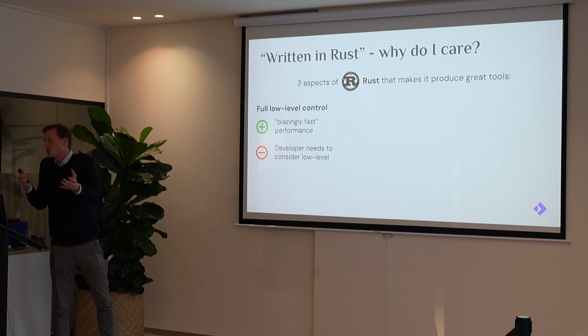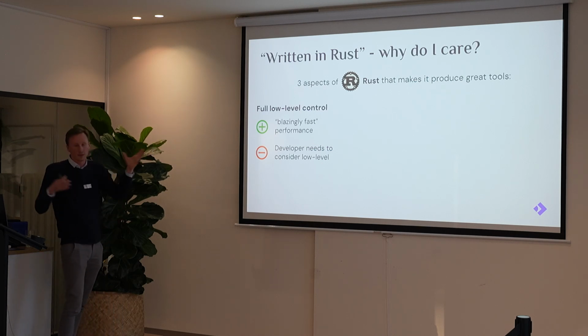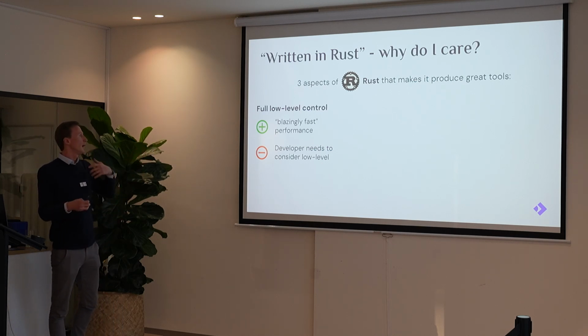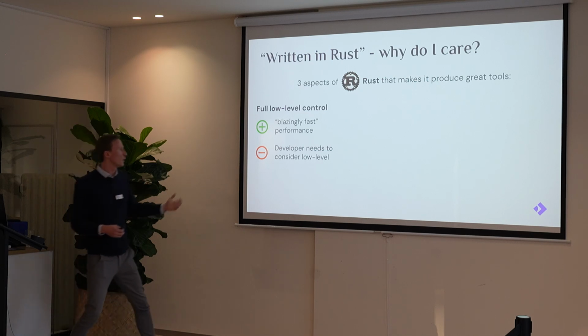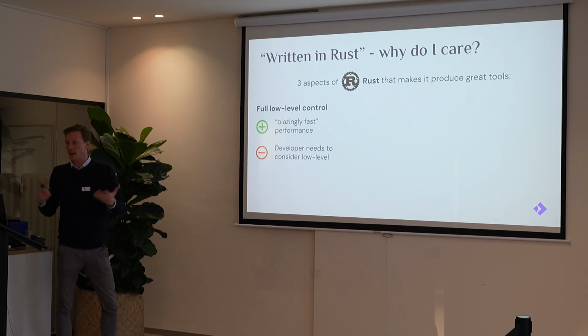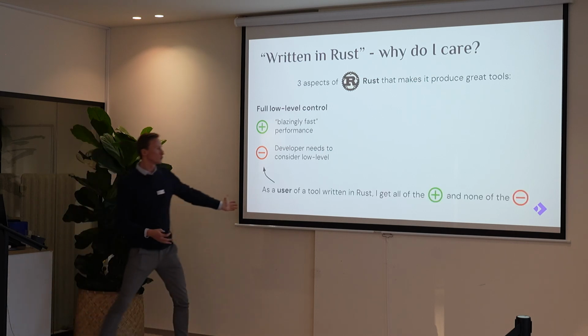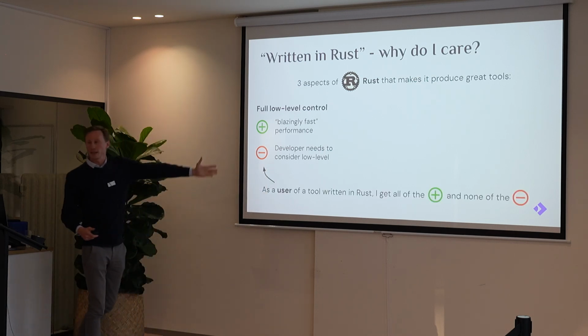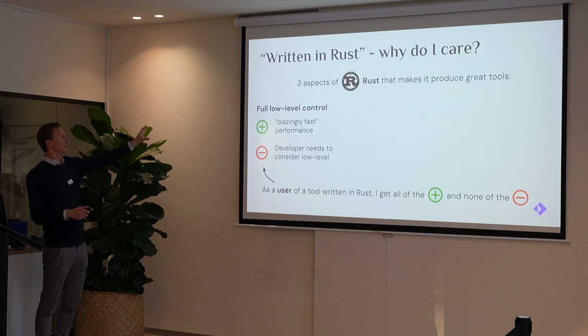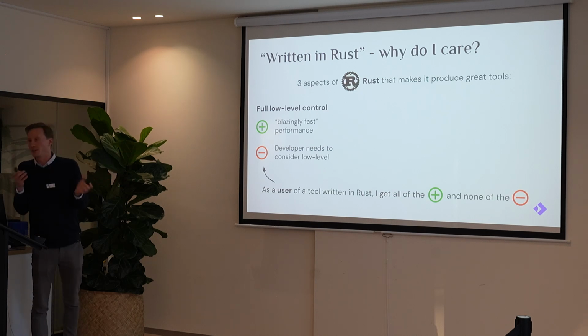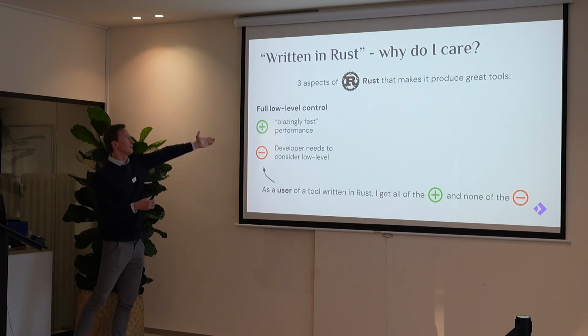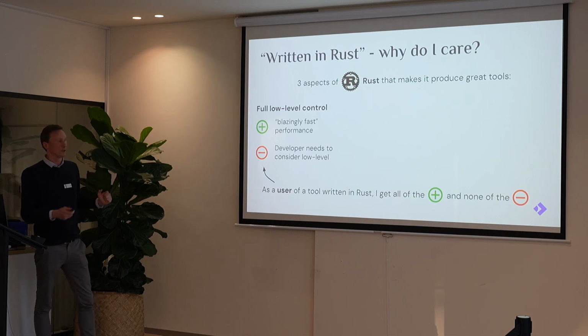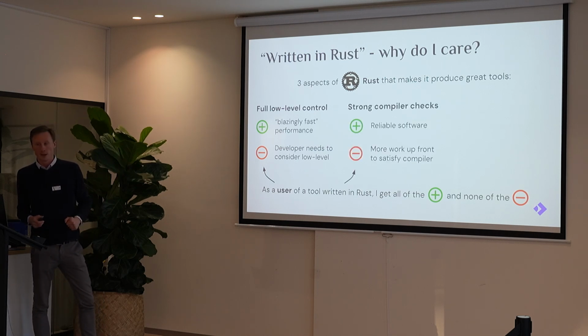For developers, that does mean you have to consider some of these low-level aspects, like memory management. But as a user of a tool that's written in Rust, you get all of the benefits of this low-level control and none of the downsides. So in this case, you only get the fast performance.